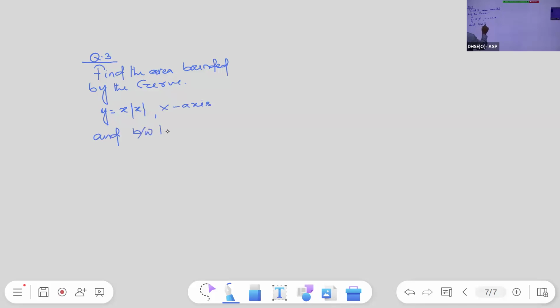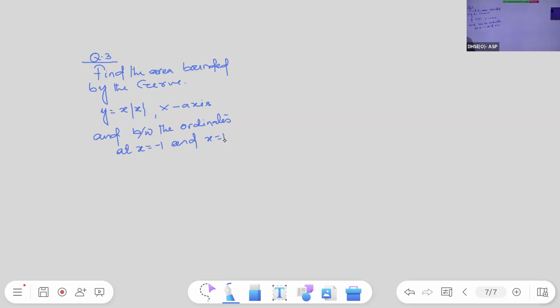Find the area bounded by the curve y is equal to x into mod x, x-axis, and between the ordinates at x is equal to minus 1 and x is equal to 1.